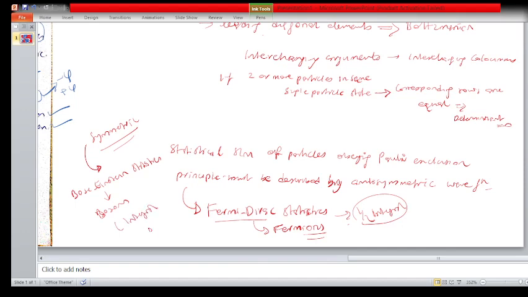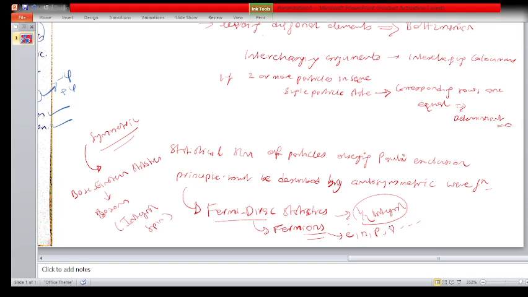So examples for fermions, as we discussed, are electron, neutron, proton, neutrino, helium 3, etc.